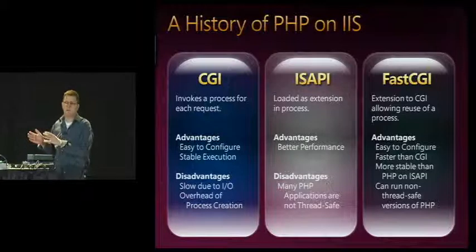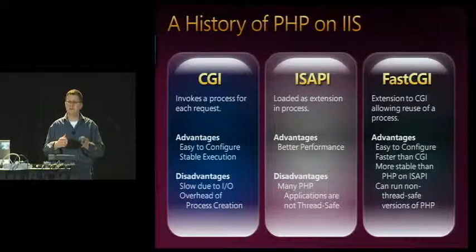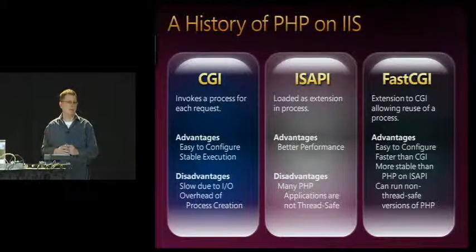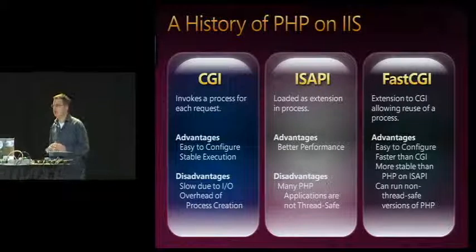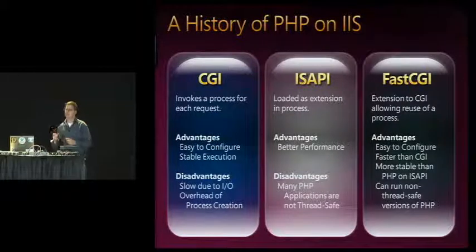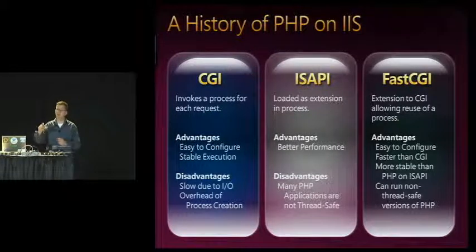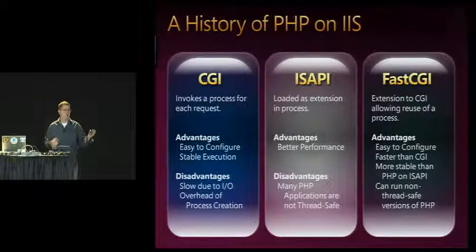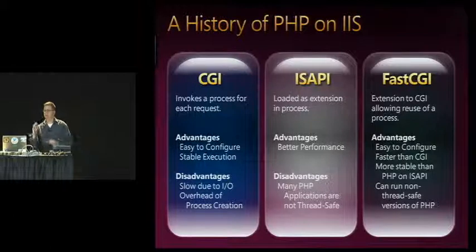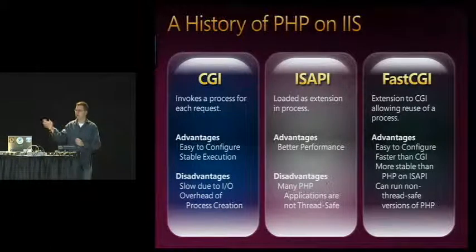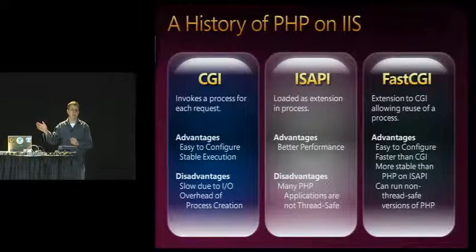You might also use FastCGI on Linux, so you may be familiar with this type of configuration. Basically what it does for us is allow us to reuse the PHP process that we were using in our CGI configuration. The first request comes in, we start a PHP process, and we use this open protocol called FastCGI to negotiate multiple connections with the PHP process.